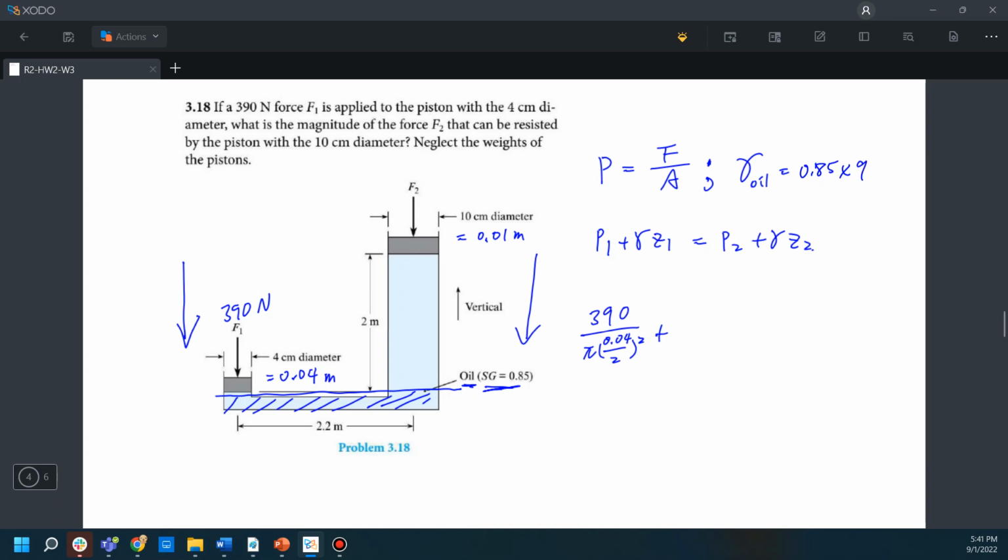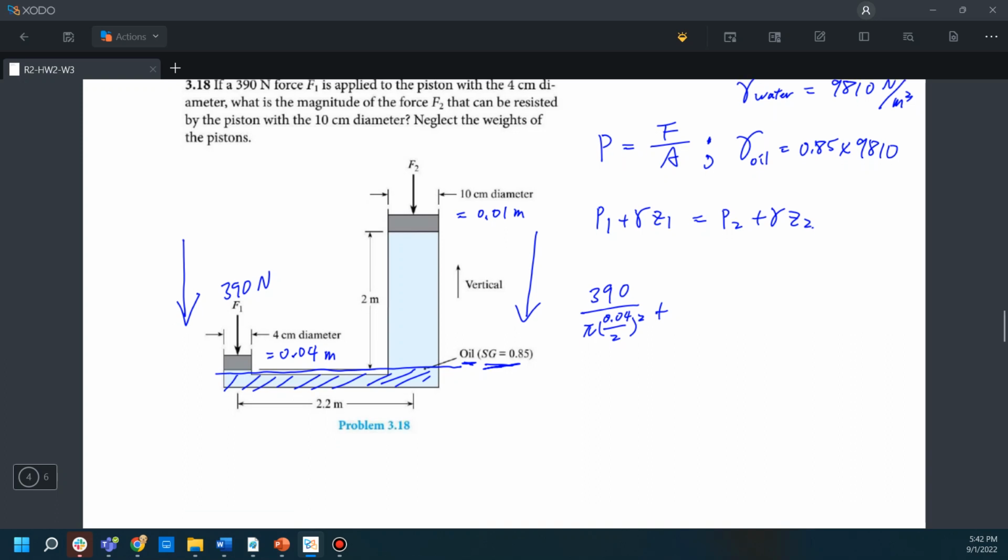In this case, the gamma water is equal to 9810 Newton per cubic meter. So 9810. Okay, so we can write that down. 0.85 times 9810 times Z1.